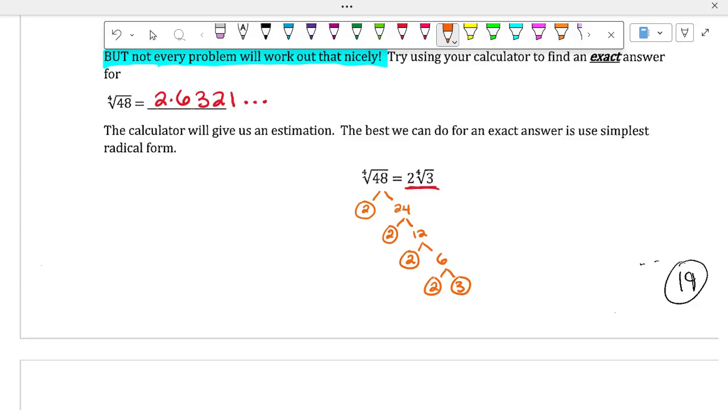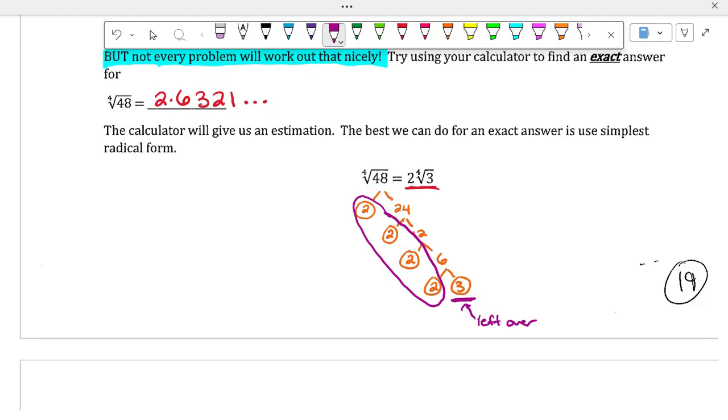So again, once you have all prime numbers, you're done. How many numbers am I looking for in a group? 4. So what number is repeated 4 times? The 2's. Now, this 3 is what's left over. It doesn't go away. It's still going to go back under the radical, just like when we did square roots. So this 3 is what we put left over.